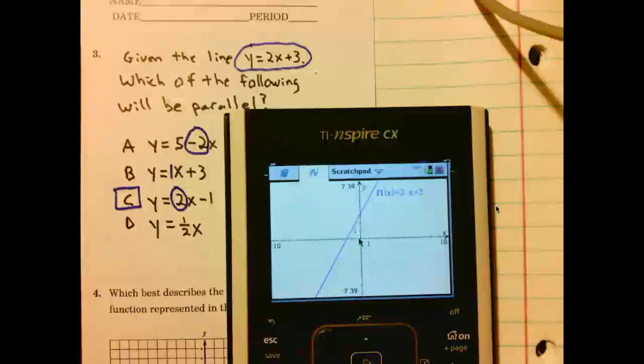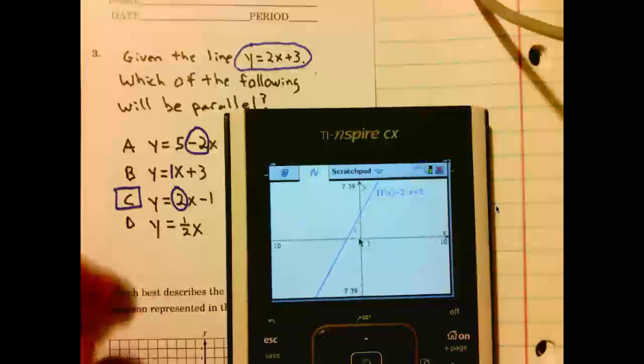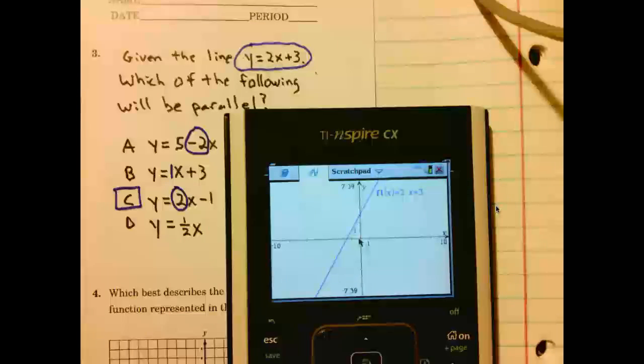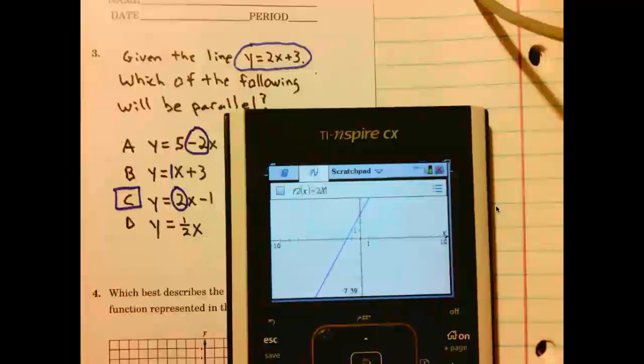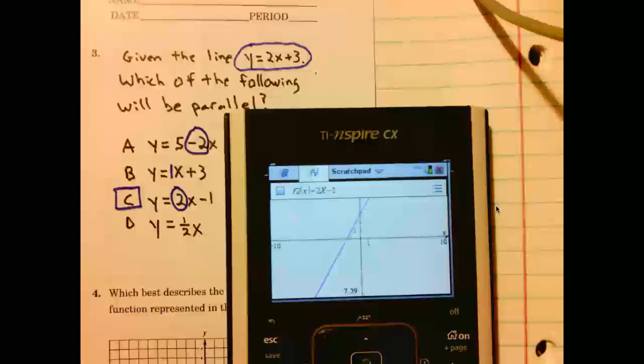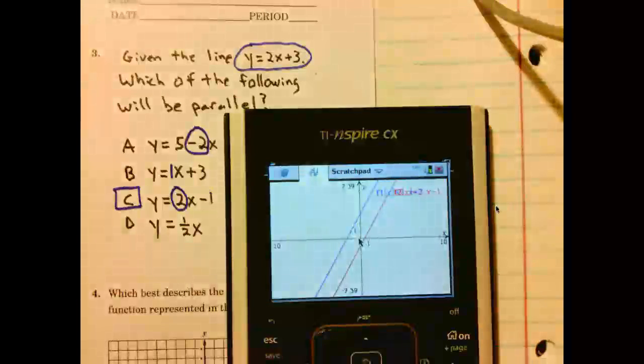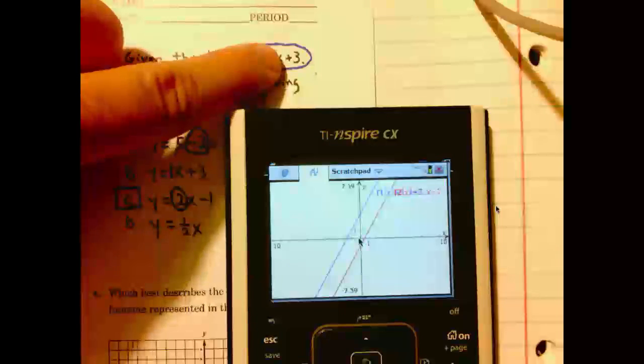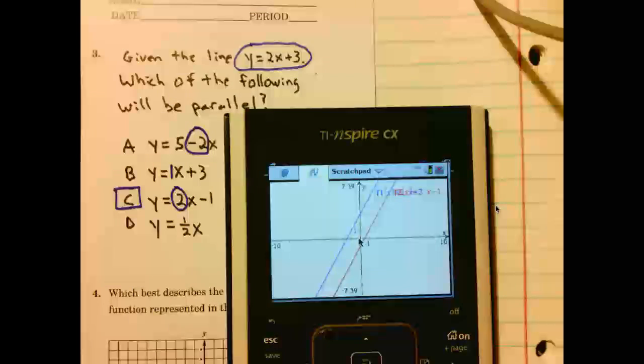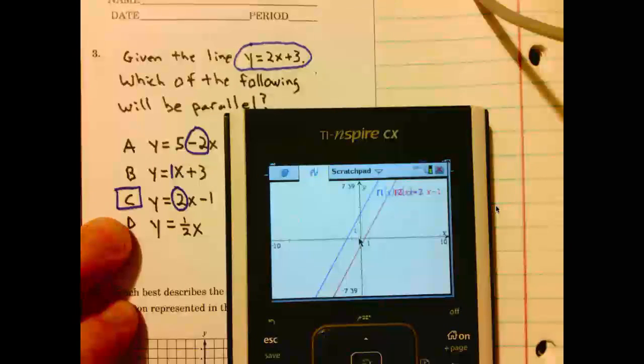In F2, I'm going to graph C, which is 2x minus 1. Tab, 2x, subtract 1. And we can see that indeed the blue line and the red line are parallel. It's like we translated the blue line down from a y-intercept of 3 to a y-intercept of -1. Number 3, the answer is C.